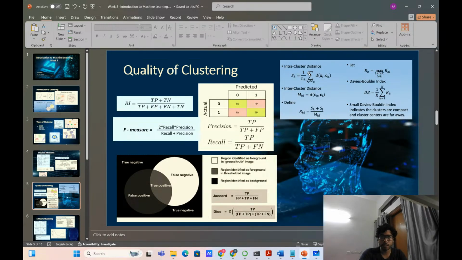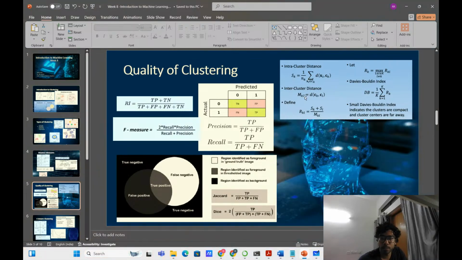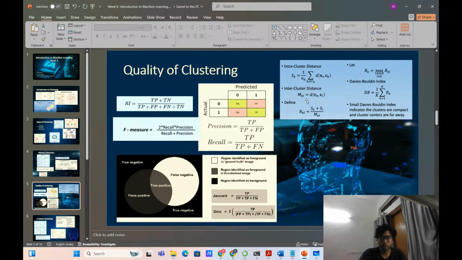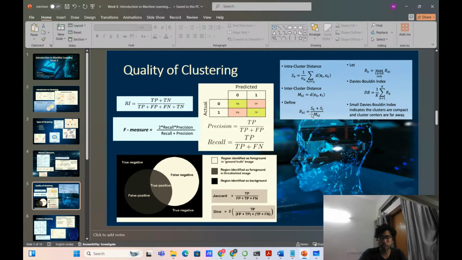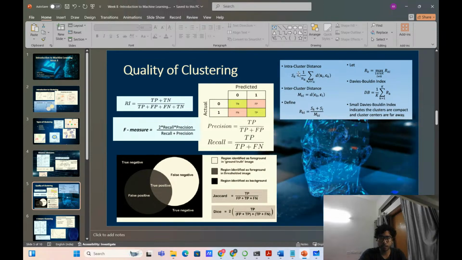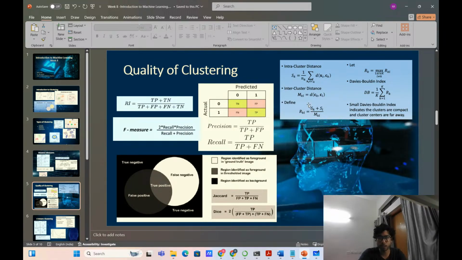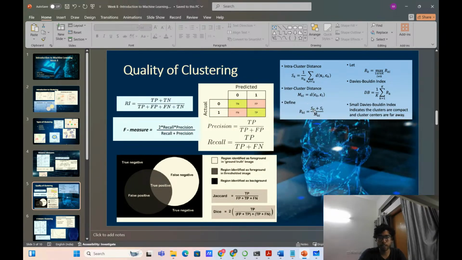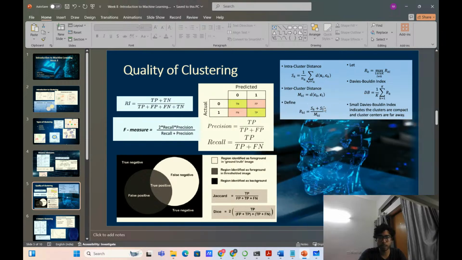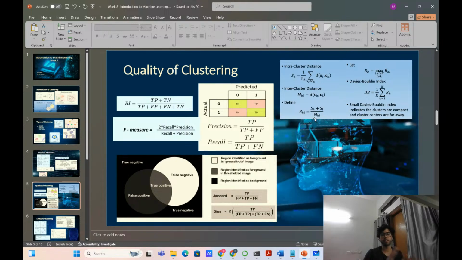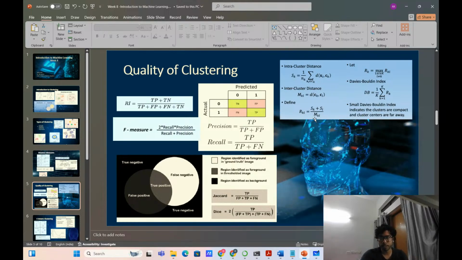So yeah, this is the intracluster distance as I was saying. Then this is the intercluster distance. Okay. And then you can calculate both. And from there, you can calculate this R_KL, which is (S_K plus S_L) divided by the intercluster distance. So considering that K and L are two clusters, let's say you want to calculate between cluster 1 and 2. You can calculate the intracluster distance for cluster 1 and for cluster 2, divided by the intercluster distance between cluster 1 and cluster 2, right?